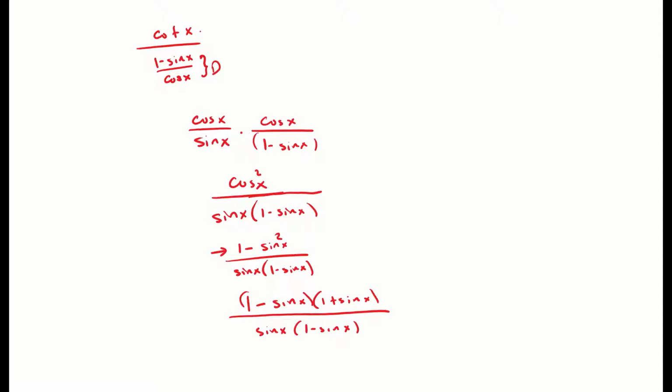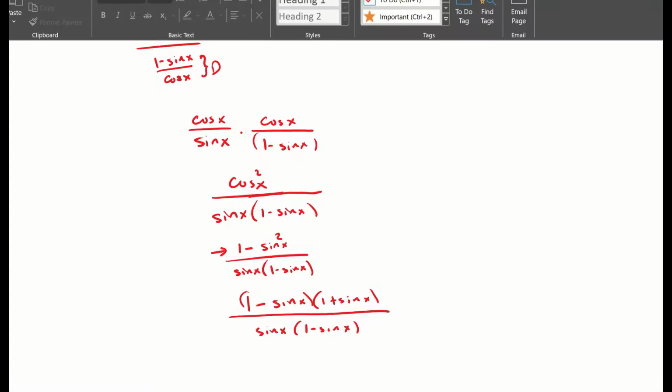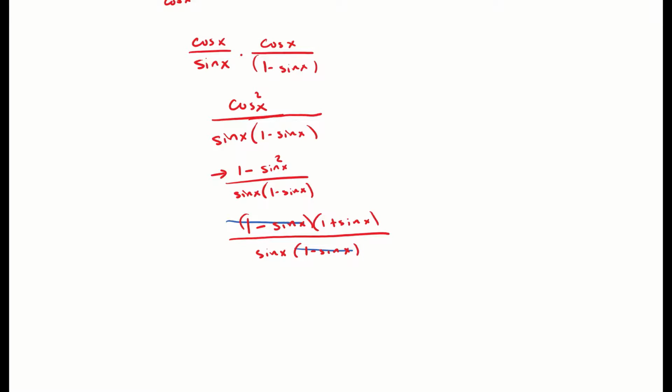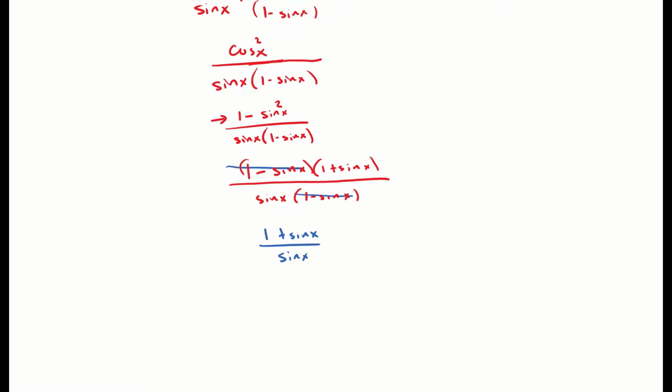Now, even though it got a little lengthy, I can cancel this 1 minus sine x with the 1 minus sine x in the denominator because they are the same term, right? And so then I'm left with 1 plus sine x over sine x. Now we still haven't gotten rid of the fraction, but since I only have one term in the denominator, I can split these up.